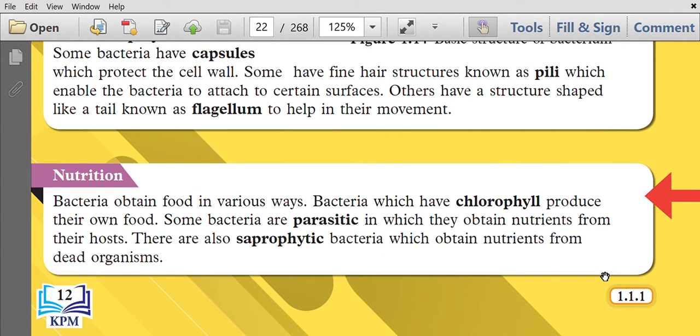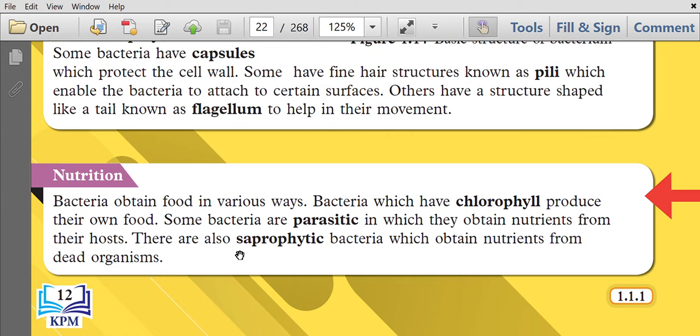Okay, let's look at nutrition. How does it get its food? Bacteria obtain food in various ways. Bacteria which have chlorophyll produce their own food, of course, through the process called photosynthesis. Some bacteria are parasitic, in which they obtain nutrients from their hosts. Okay, the human body is a host.